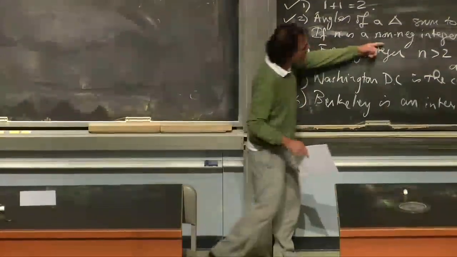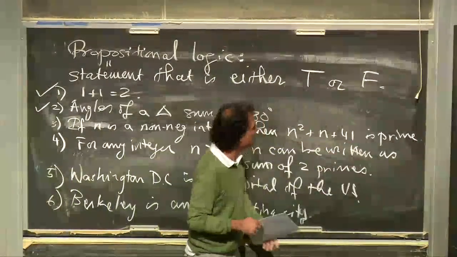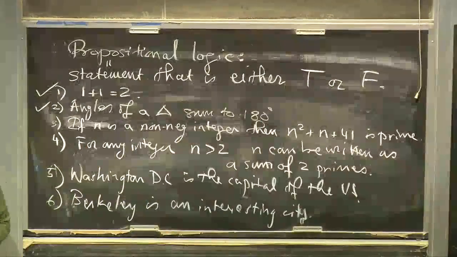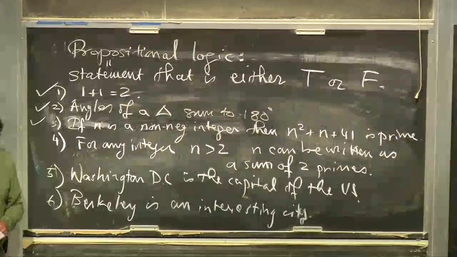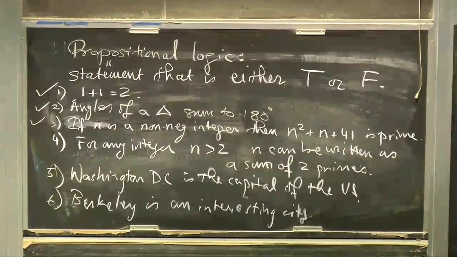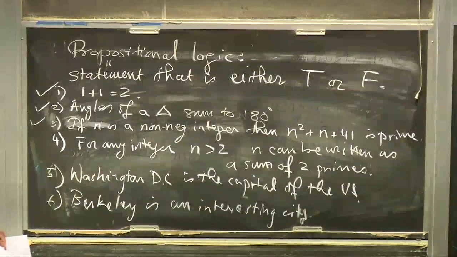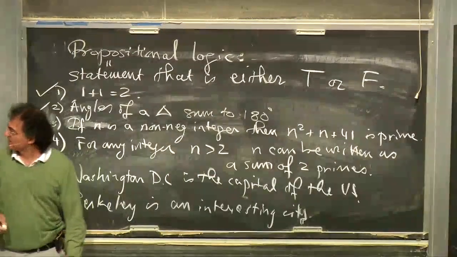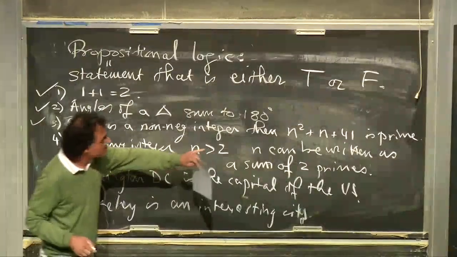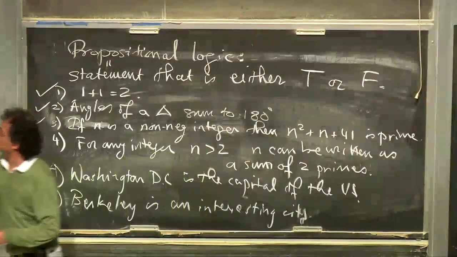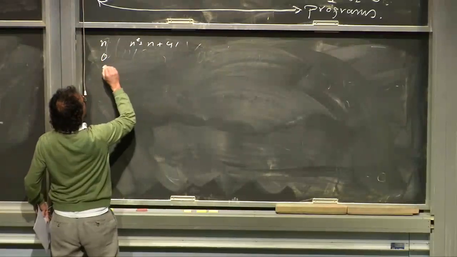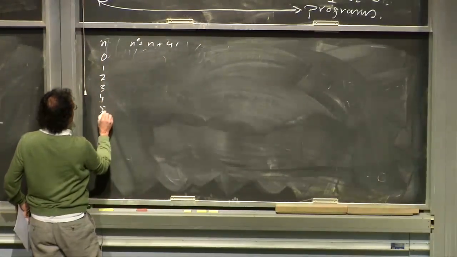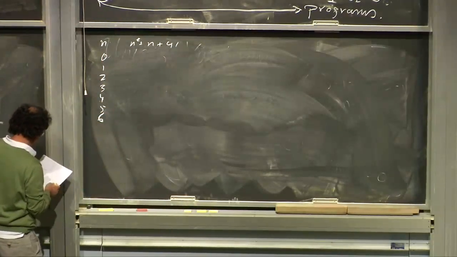If n is a non-negative integer, then n squared plus n plus 41 is a prime. Yes, it is a proposition. By the way, is it true or false? It's false. It turns out this is a very interesting case, because if you substitute n equal to 0, 1, 2, 3, 4, 5, 6, etc., what are the values?